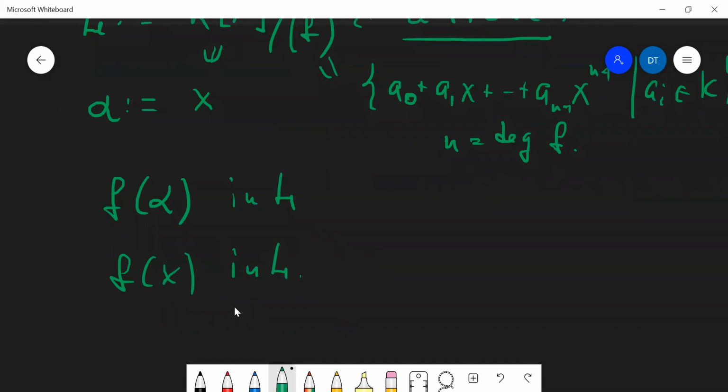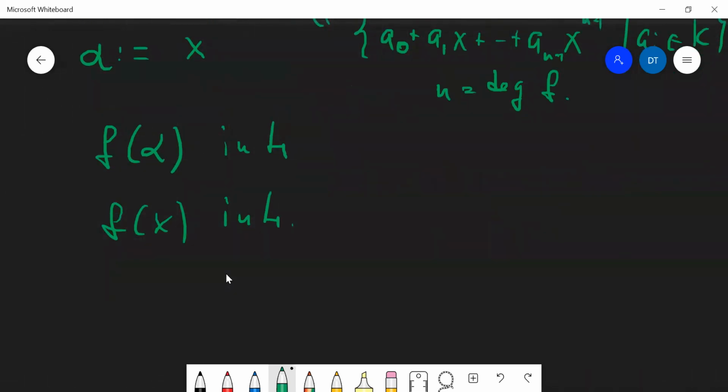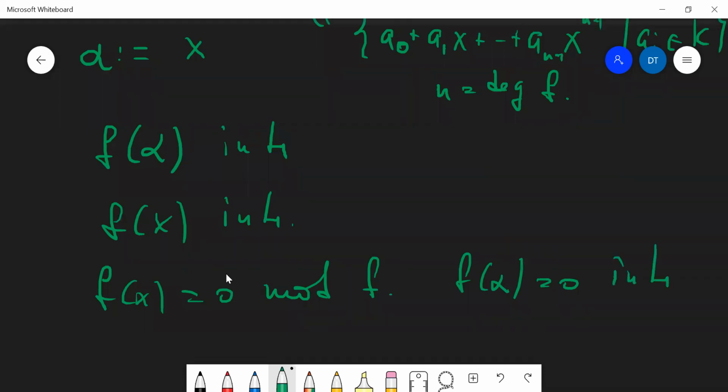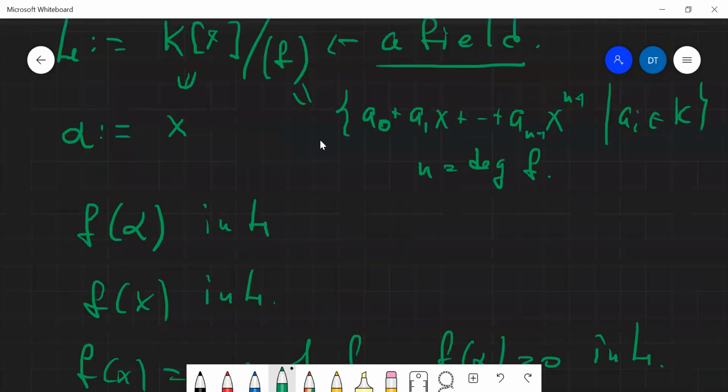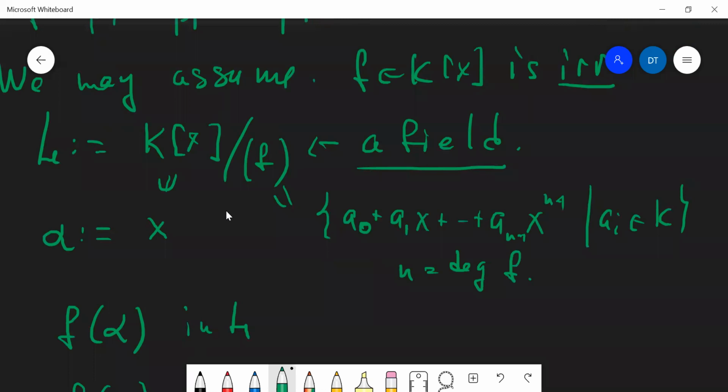I just consider it modulo f, but f of x equals 0 modulo f, which means f of alpha equals 0 in L, and that's it. So this ring is a field, and the element x in this field is a root of the polynomial f. So this is the way to produce a field if you're given another field and an irreducible polynomial.